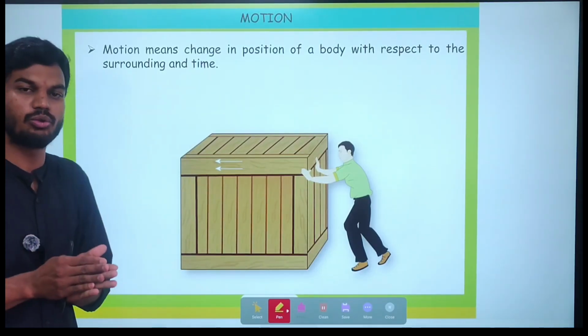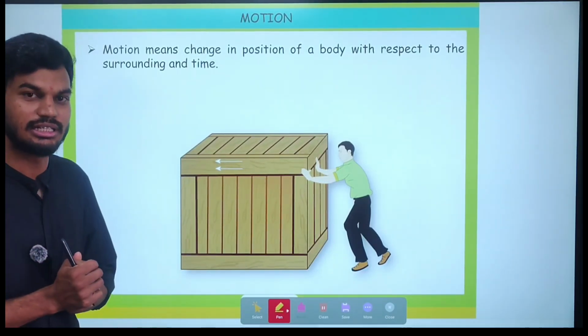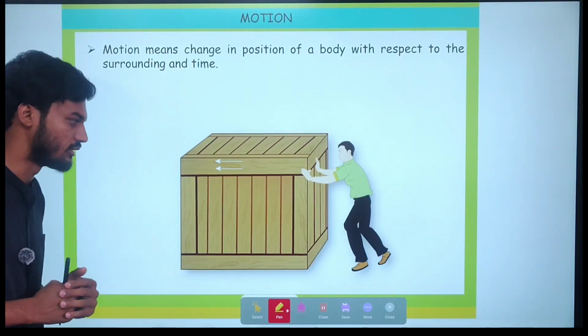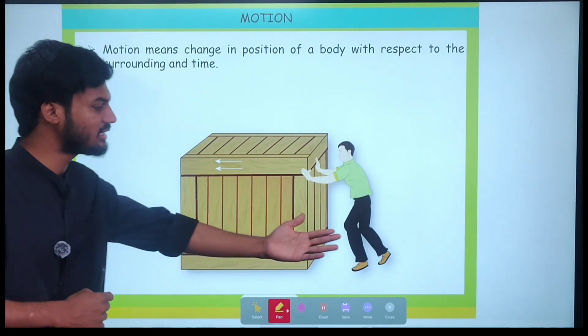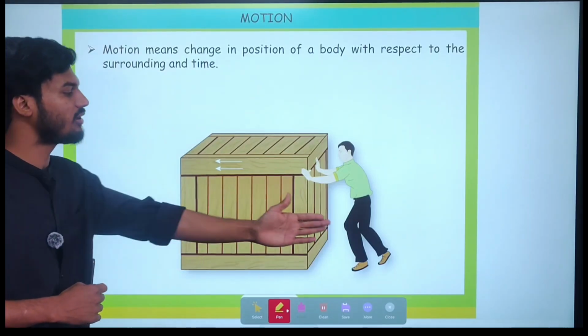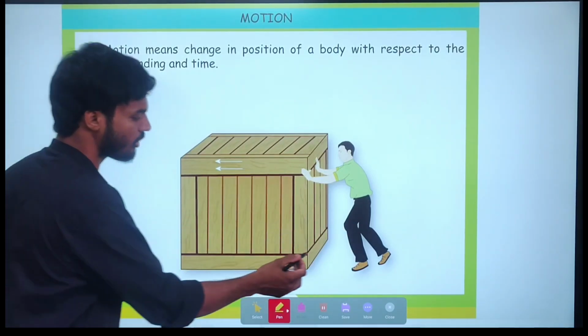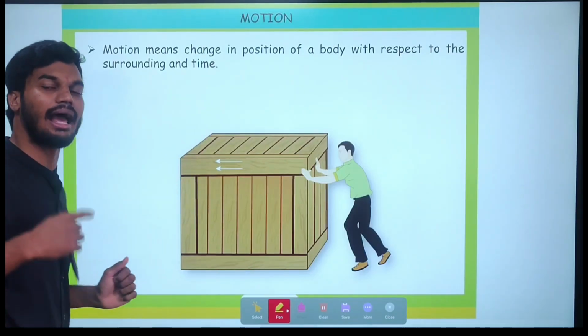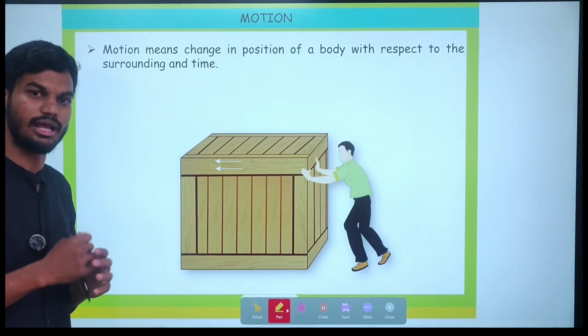Simply given the box, a boy is pulling the box, so after 5 seconds the box was shifted from here to here with respect to time and the surroundings. It is known as motion.